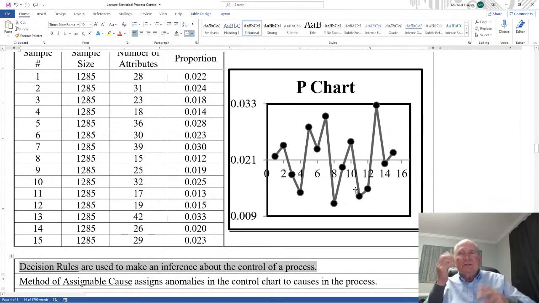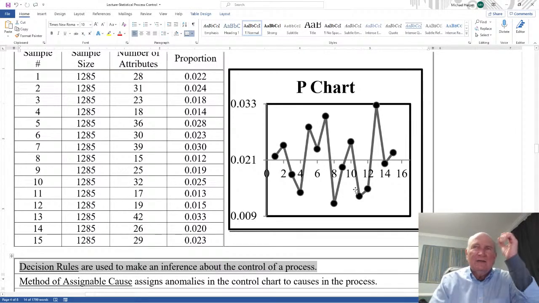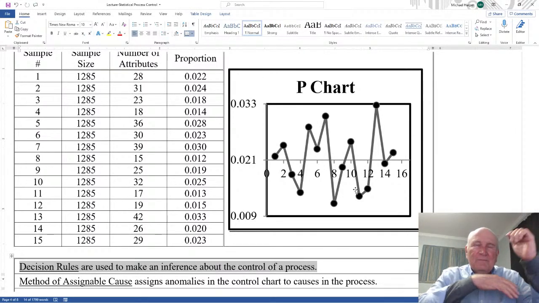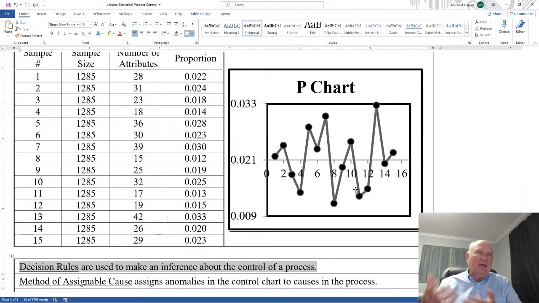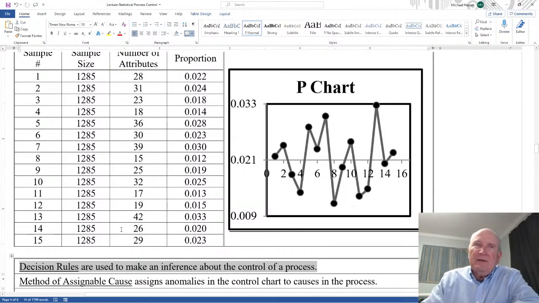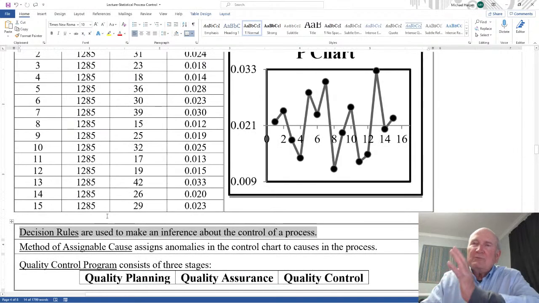They have a list of rules. And when you look at the manuals, on a control chart, they'll have anywhere from 2, 3, 5, or 8 or 10 of these things. And so when you look at that, you get used to saying, oh, yep, rule number 8, and so therefore you report it. And so quality control looks at this and says, okay, we need to go back and do something about it. Or not, it depends. But anyway, the decision rules, there's a number of them.